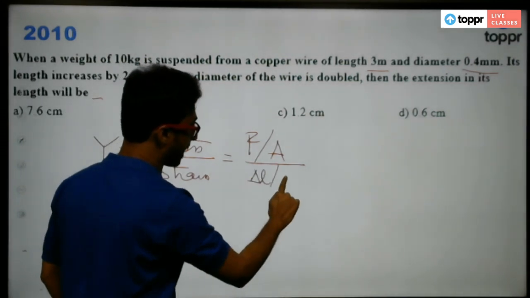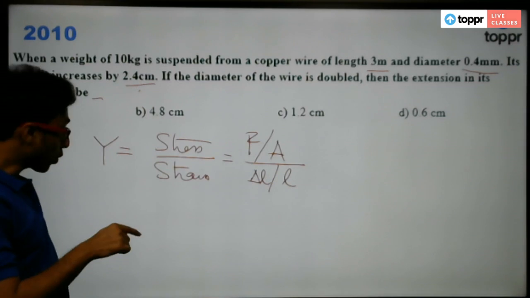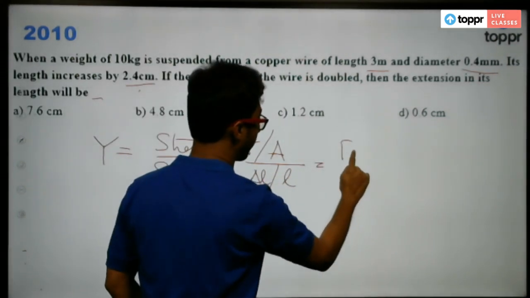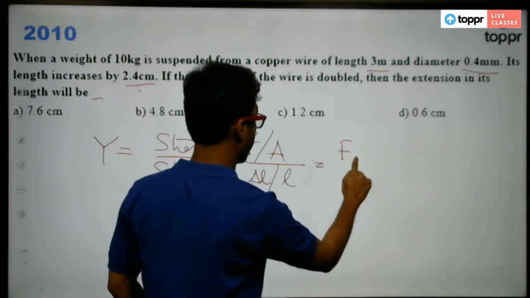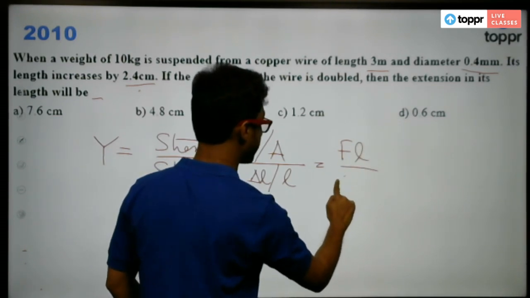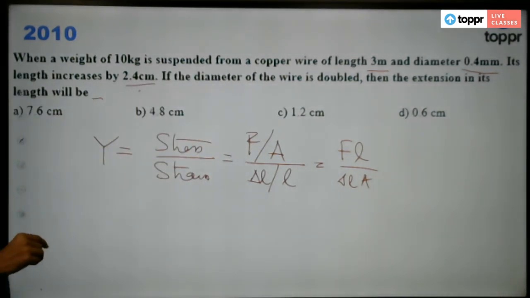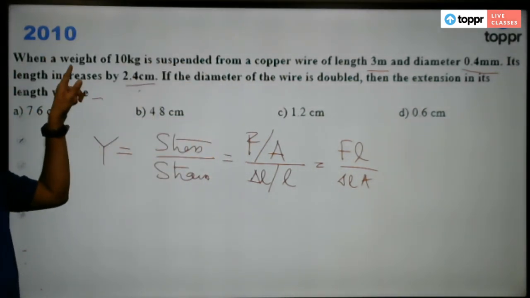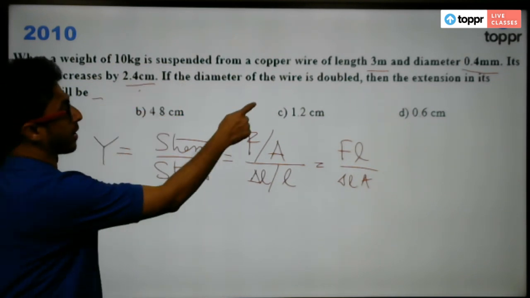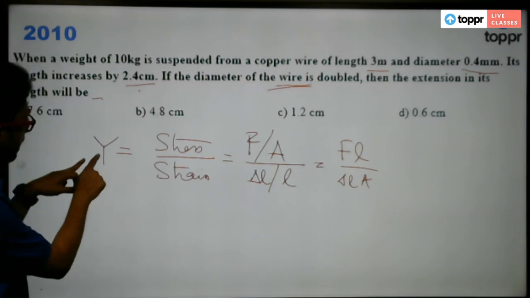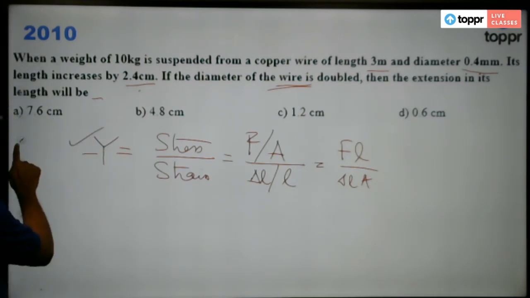So Y equals FL by delta L into A. Now see, for this problem, we are not changing the wire, so Y is constant.